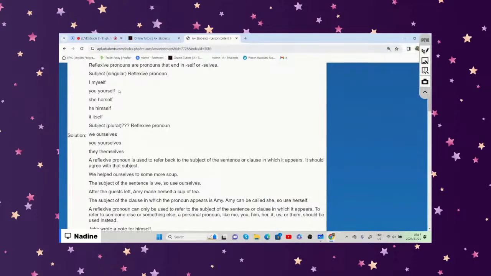And we made mention of singular subject reflexive pronouns, which are I, myself, you, yourself, she, herself, he, himself, it, itself. And then we have our plural subject reflexive pronouns, which are we, ourselves, you, yourselves, or they, themselves.